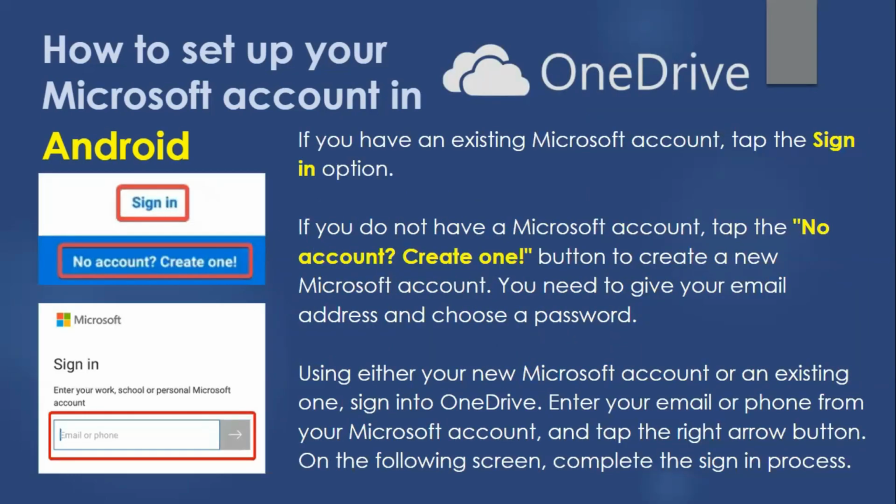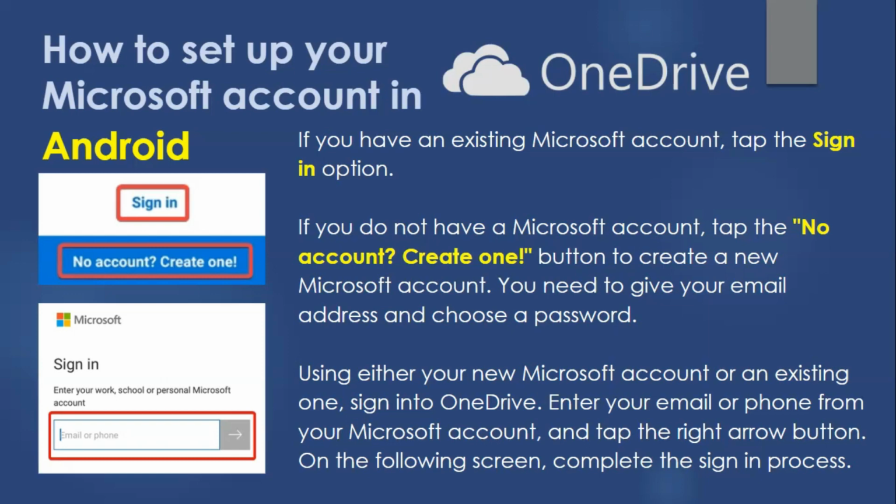If you have an existing Microsoft account, tap the Sign In option, such as the one displayed at the left of the screen. If you don't have a Microsoft account, tap No Account? Create One, which is the option right here. You need to give your email address and choose a password to set up that profile.